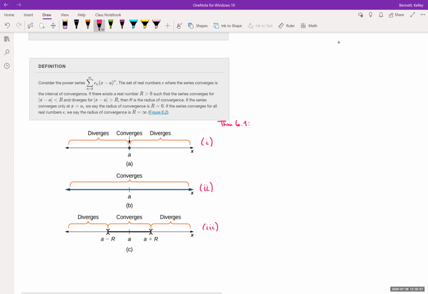So going back to the first figure, the radius of convergence is 0, and the interval of convergence is just a single point, {a}. So when I have curly braces around one number that I've listed, it just means that it does it for only one point.